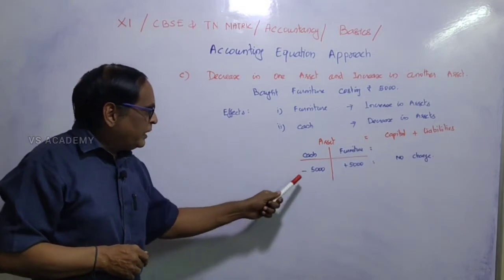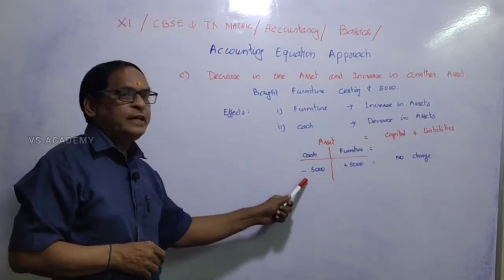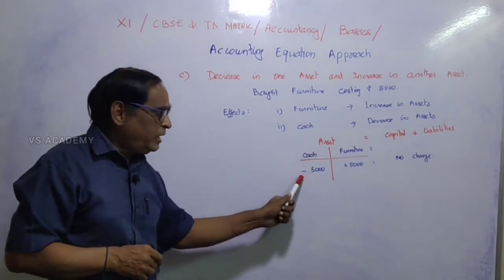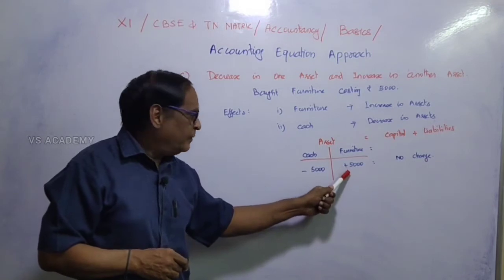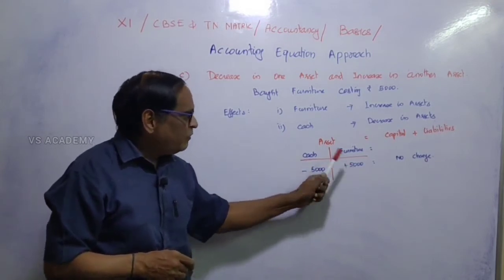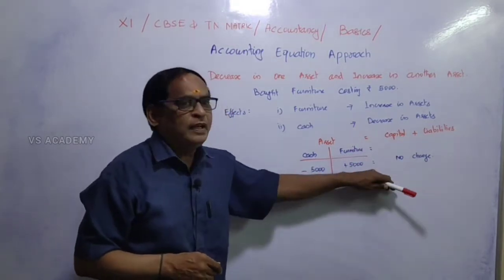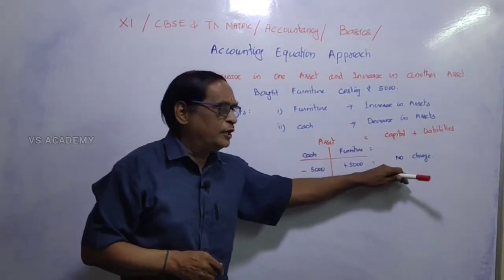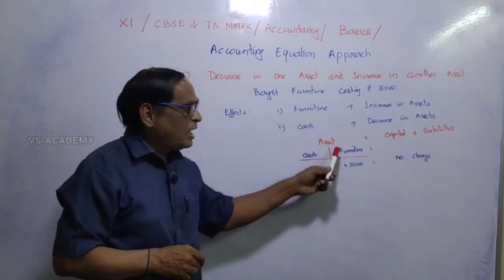So increase in asset is to be debited, and decrease in asset is to be credited. So cash is to be deducted and furniture 5,000 is to be added. So minus 5,000 plus 5,000 equal to capital plus liability. There is no change. The same figure will continue. But here the internal adjustments will be between cash and furniture.